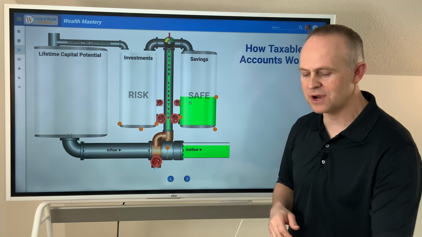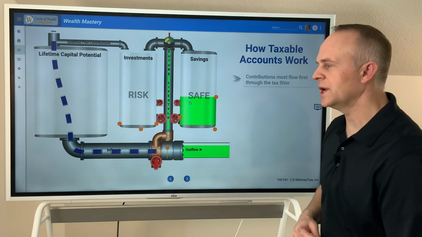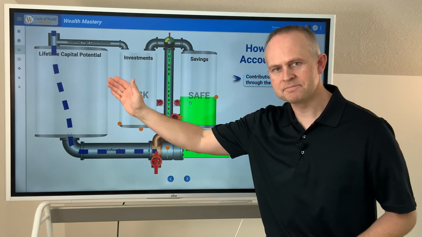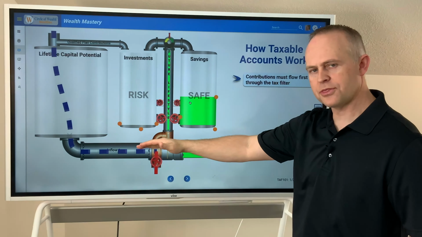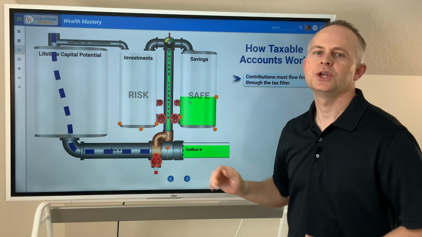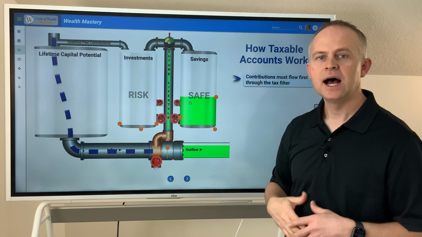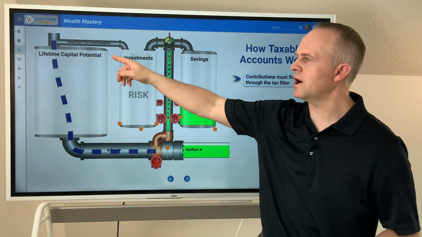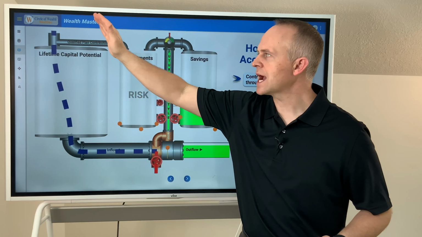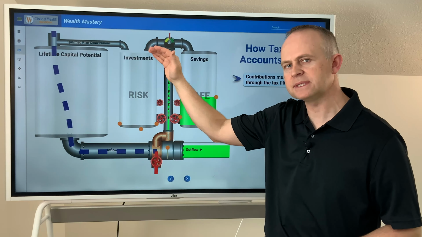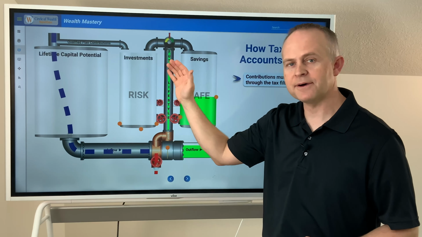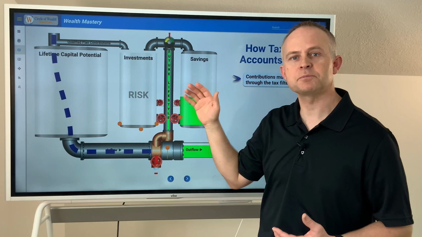your specific situation. So first of all, you're going to earn income, and that income is going to flow through and pass through your tax filter first. Unlike a qualified plan like a 401k, where you're actually putting money into your investments first without having to pay taxes, right? So it's pre-taxed.